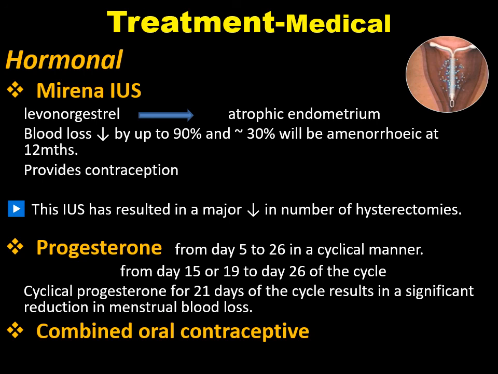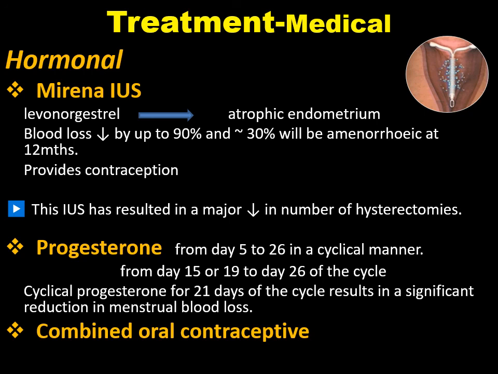Treatment of abnormal uterine bleeding is medical and surgical. Medical, hormonal and non-hormonal. First line treatment is the Mirena IUS, intrauterine system. The intrauterine system has levonorgestrel, which leads to atrophic endometrium.